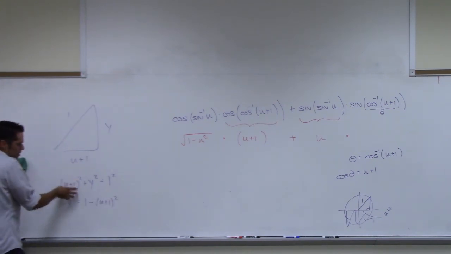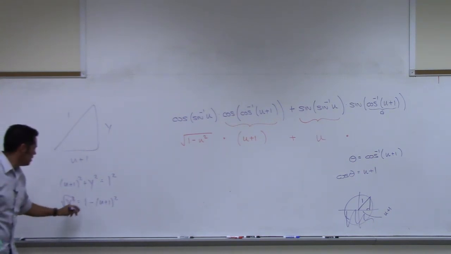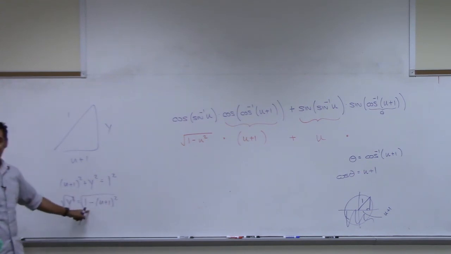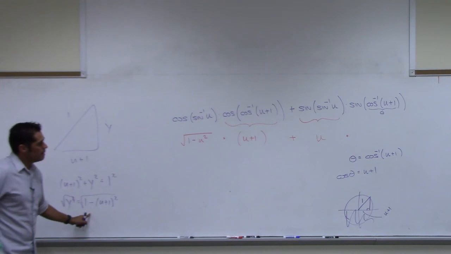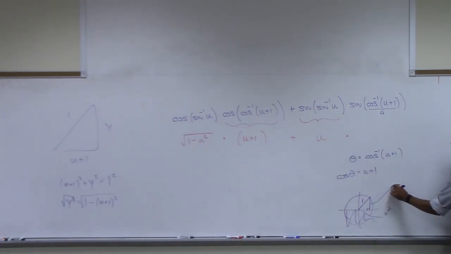So I just move that to the other side, and then take the square root, right? It's ugly, but that's what it is. So this side is the square root of 1 minus (u plus 1) squared.